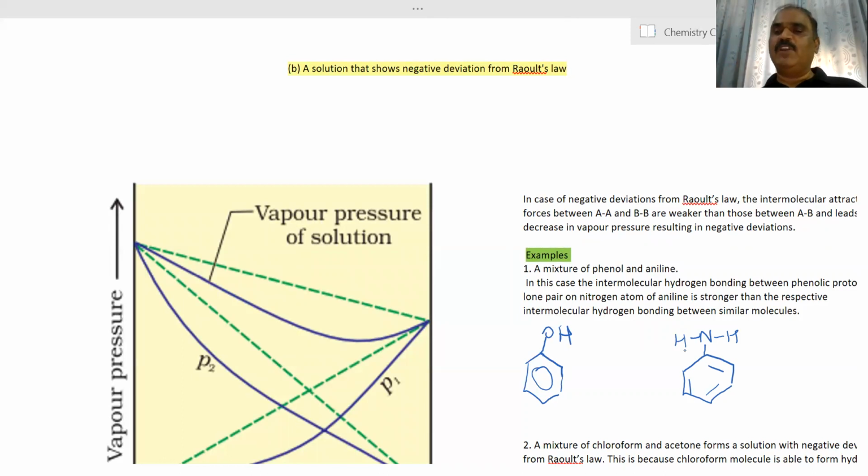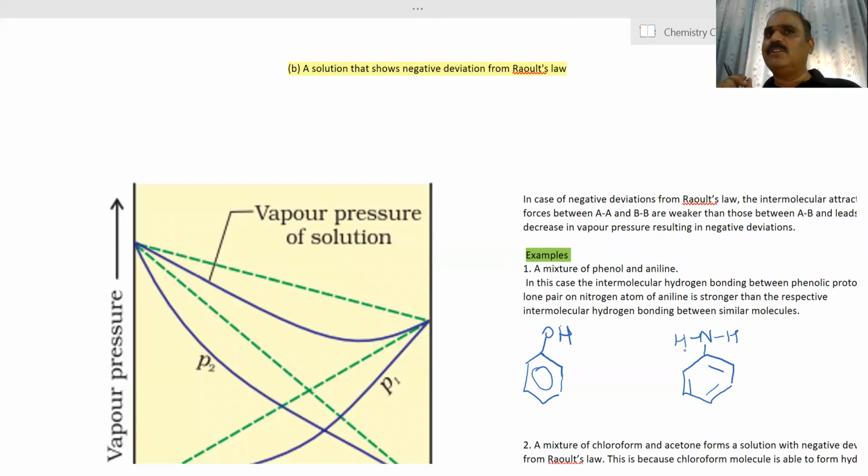So aniline molecules are also held by H bondings. Phenol molecules are also held by H bondings, similar molecules. But when we mix aniline and phenol together, of course, H bondings will be formed again.